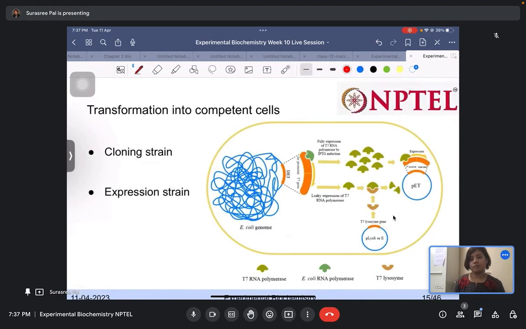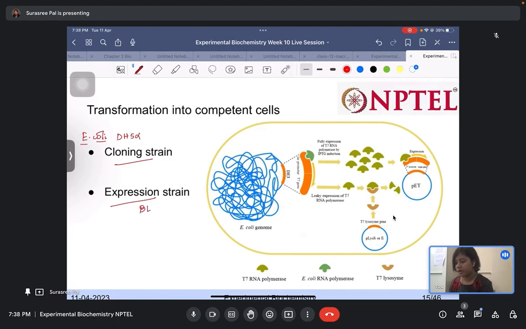And finally, these plasmids can be transformed into competent cells, and these cells can be either cloning strains or expression strains. So cloning strains, for example, E. coli DH5 alpha. This is a cloning strain. And what is an expression strain?